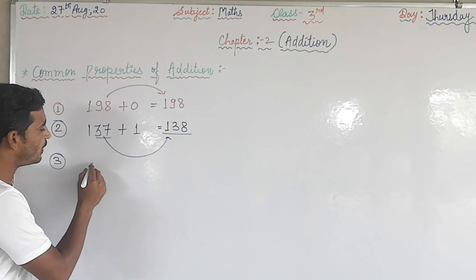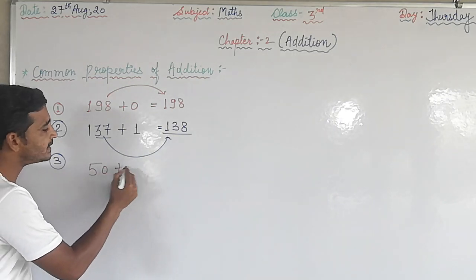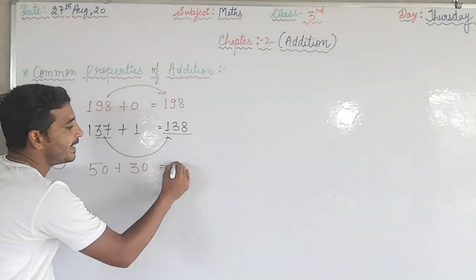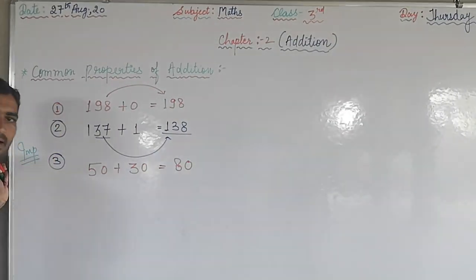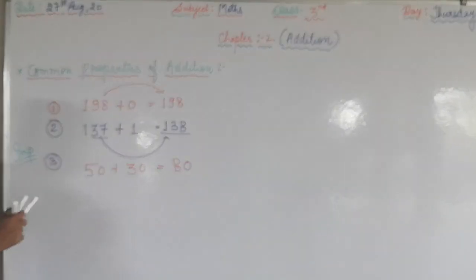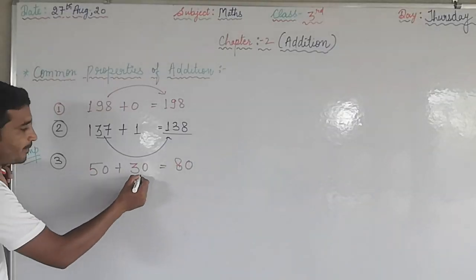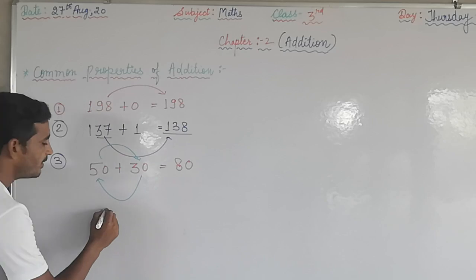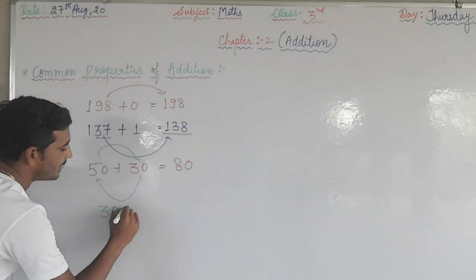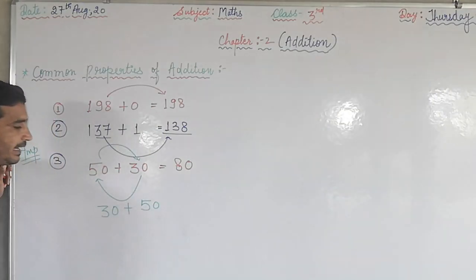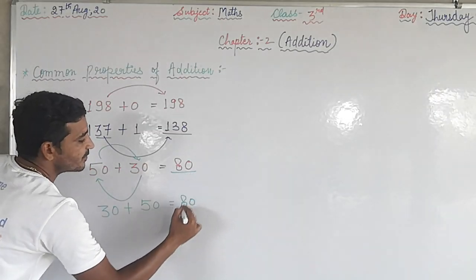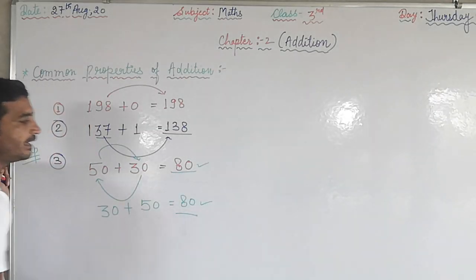Suppose I am going to add 50 plus 30. 50 plus 30, that is 80. The result will be 80. Okay, now we interchange their places in the second case. Now 30 plus 50, the result will also be the same in both cases.